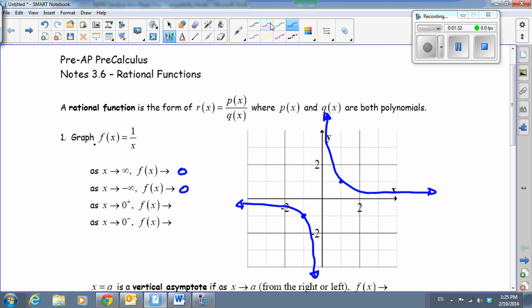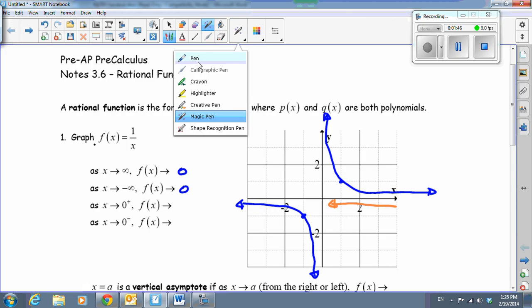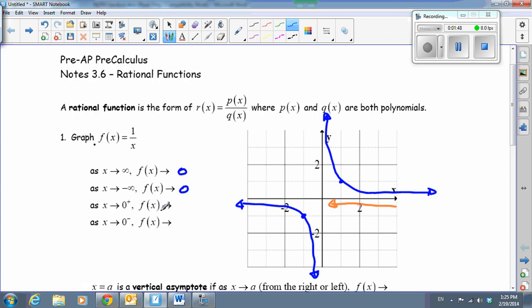Now, as x approaches 0 with a plus as an exponent, it means it approaches 0 from the right, meaning this direction. It gets closer and closer to 0. As x approaches 0 from the right, f of x goes to infinity. And if you do the same thing from the left, it tends to go to negative infinity.